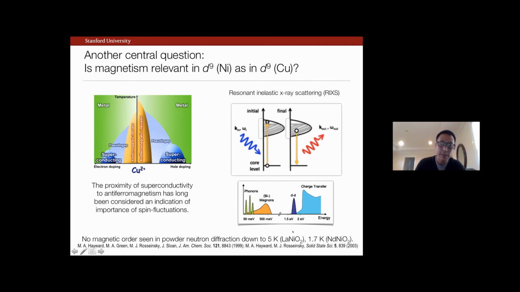The starting point I should emphasize is that while there has been limited investigation, the prior studies of bulk powder samples in the undoped nickelates showed no evidence for magnetic order down to fairly low temperatures. So in fact, our starting thinking was there may be no magnetic or much reduced magnetic instabilities in the system.